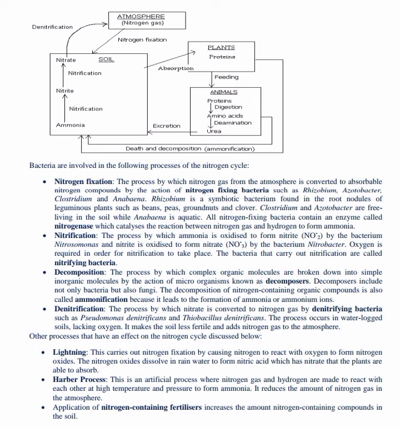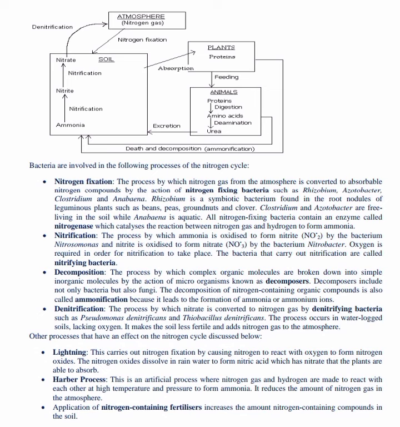Okay, so we have also what we call decomposition, where complex organic molecules are being broken down into simple inorganic molecules, and this is done through the action of microorganisms, and we call them decomposers, right? These microorganisms include bacteria and fungi.